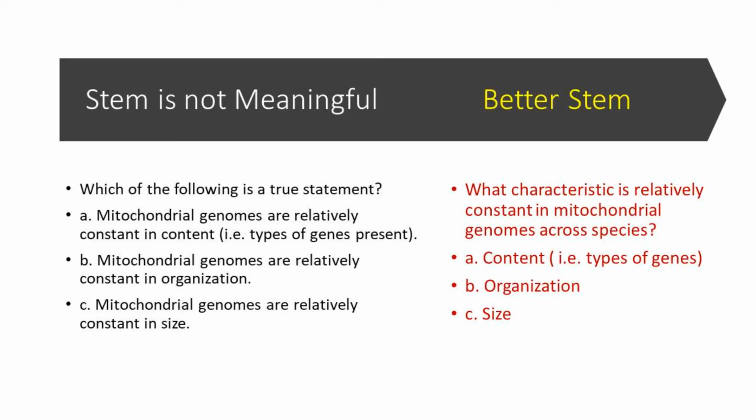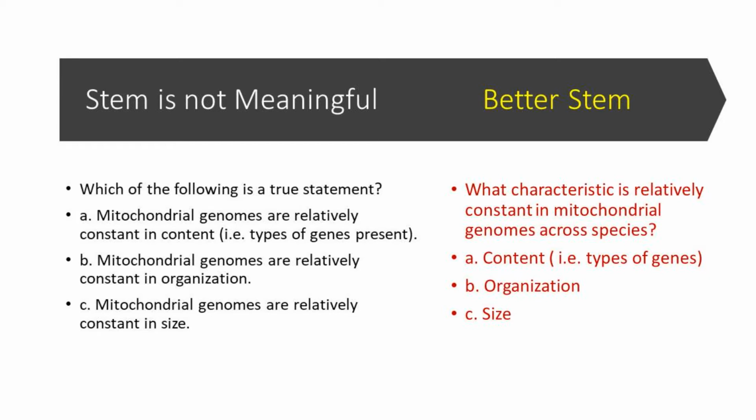So here in this example you can see the stem is not meaningful because it only states which of the following is a true statement. And you can see in options A, B and C, mitochondrial genomes are relatively constant in content, that is, the type of genes present. The options are also very lengthy and they have too many words.